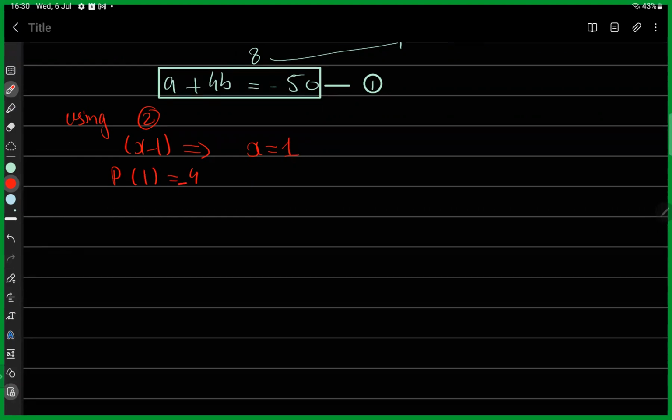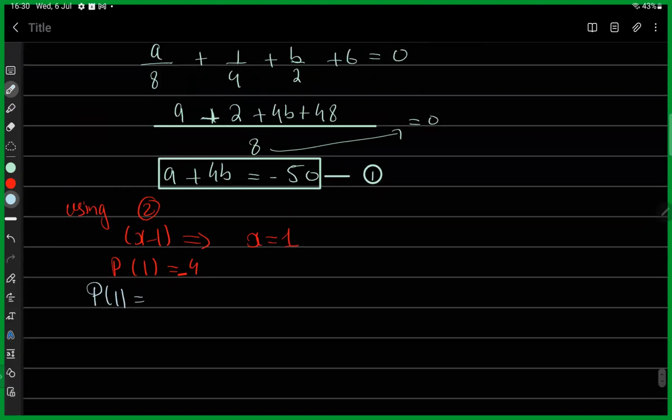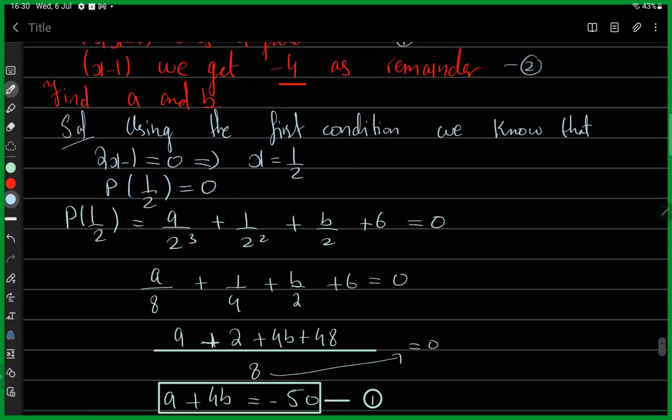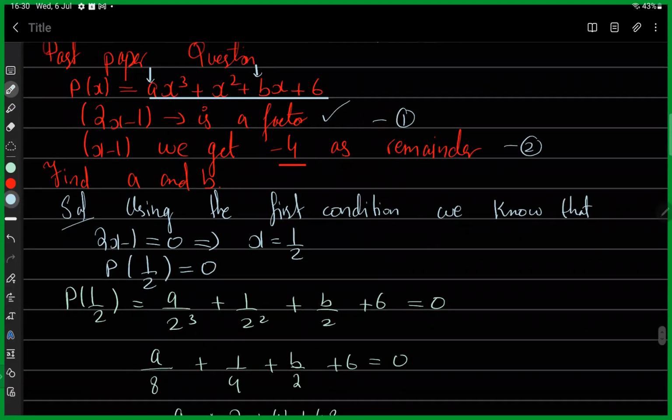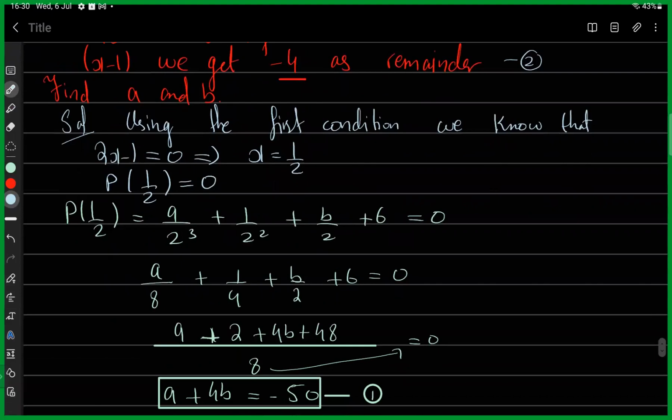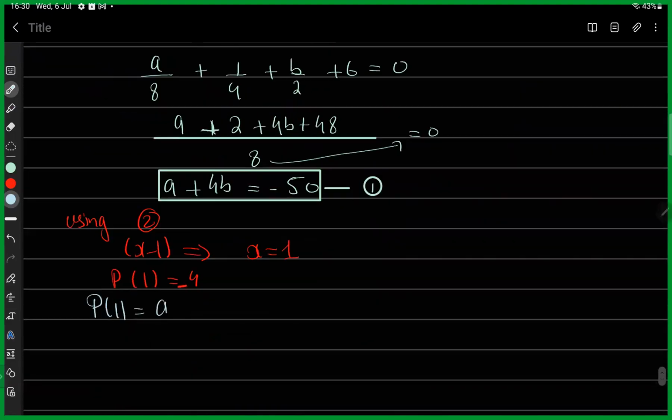So what is p of 1? P of 1 is going to be a plus 1 plus b plus 6, and this thing is equal to minus 4. After simplification, we would get a plus b equals minus 11.